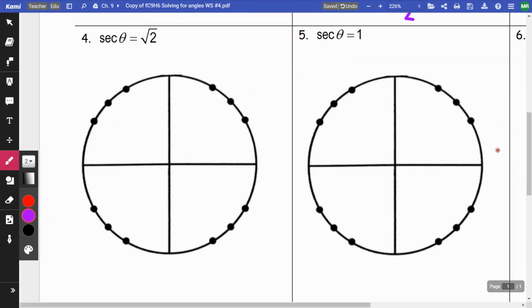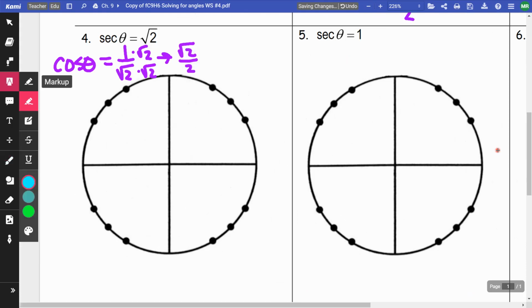Secant. Okay, so this is reciprocal cosine. So that means this is a 1 over √2. And we would rationalize this. We would multiply top and bottom by √2, and then we get root 2 over 2. Now my cosine is going to be positive in quadrants 1 and 4.